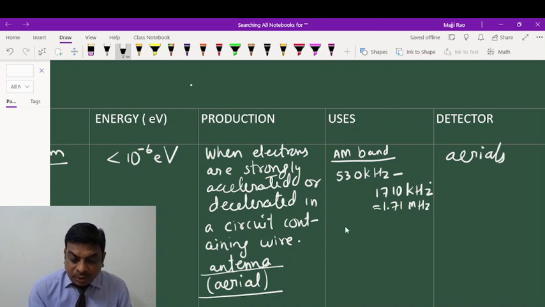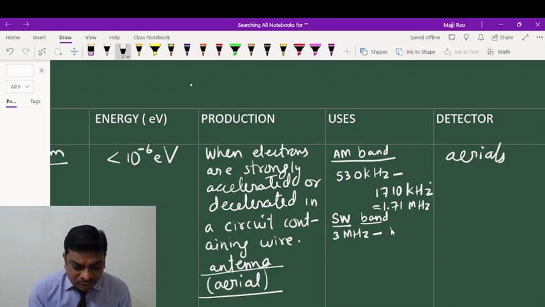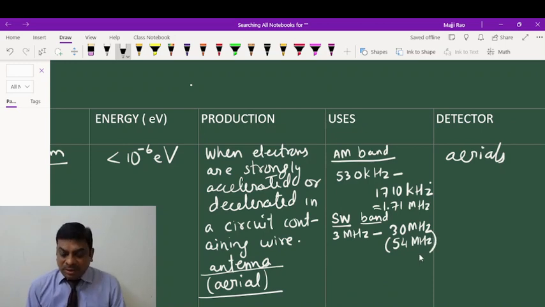Then you have the short wave band also. All these are used for radio communication. In the short wave band, the frequency ranges from roughly 3 megahertz to maybe around 30 million hertz. Even though in the CBSE textbook it is given as around 54 million hertz, above 30 million hertz it is basically of no use, or probably we are not using that part.